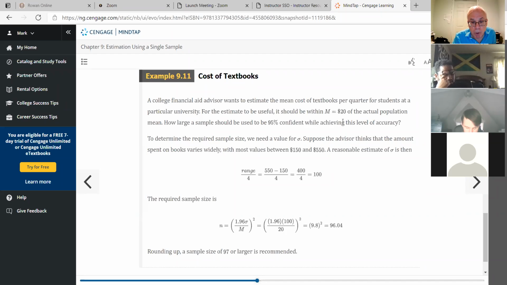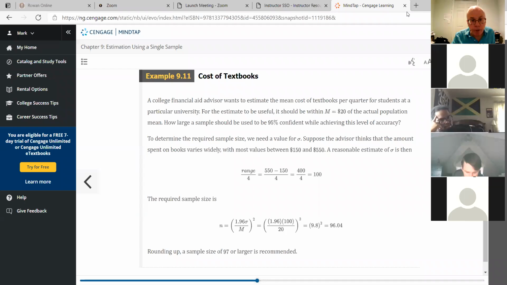So 20 is your margin of error. So you put 20 in there. All right, and then in this case, they came up with n equal to 96.04. You just round up to the next number, 97. That's the minimum or required sample size. All right, that's it for that.